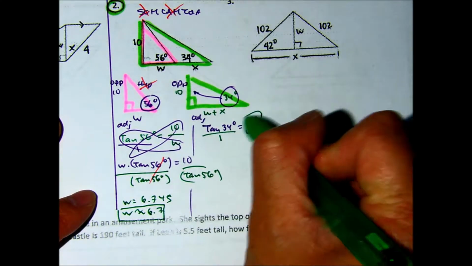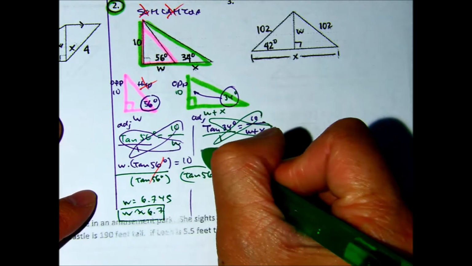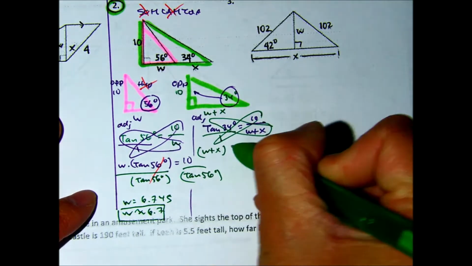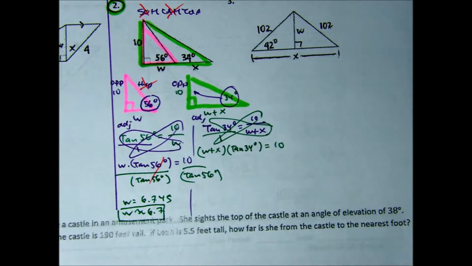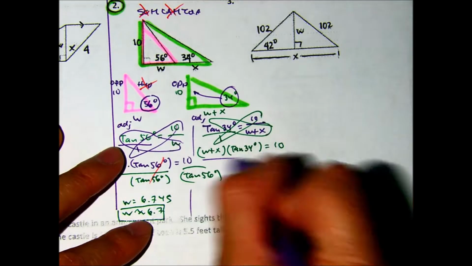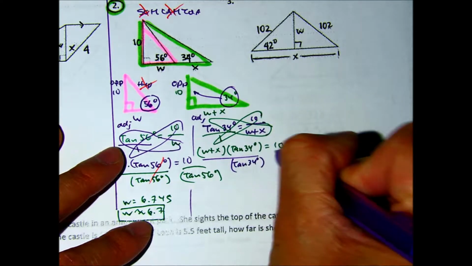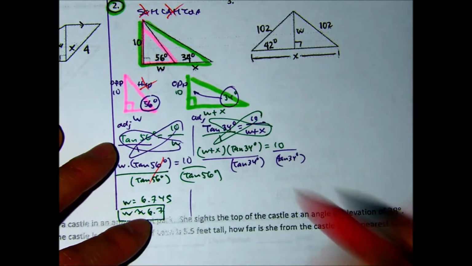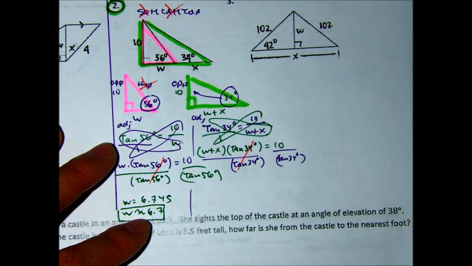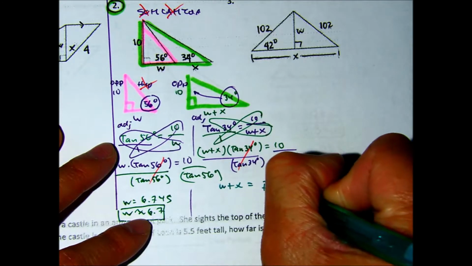Cross multiply. W plus x, they're together. Don't break them up. Tangent of 34 degrees times w plus x equals 10. First thing I'm going to do here is divide by tangent of 34. So now I'm left with w plus x equals 10 over tangent of 34.